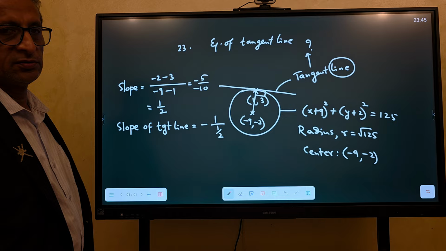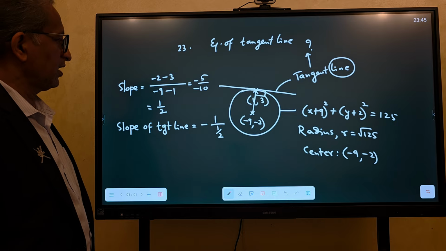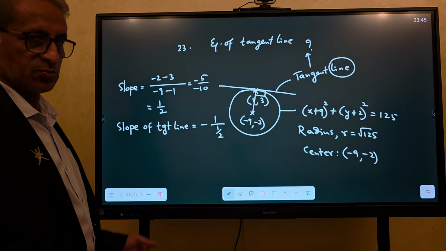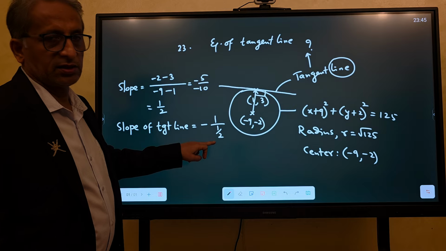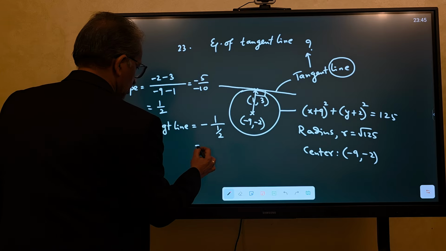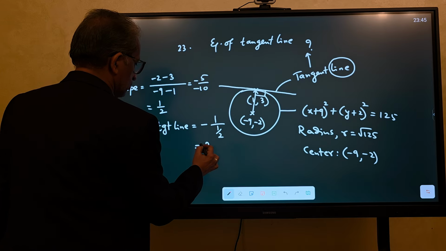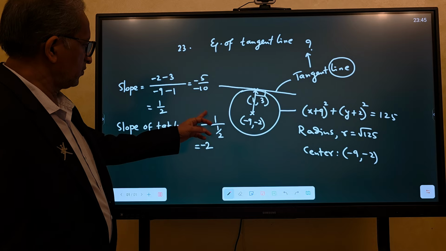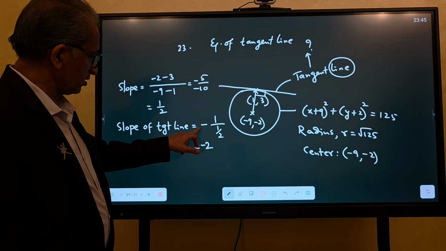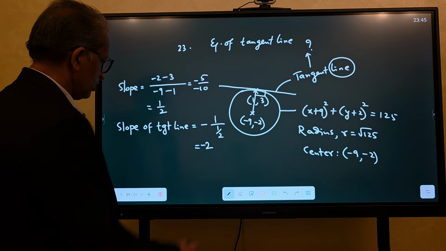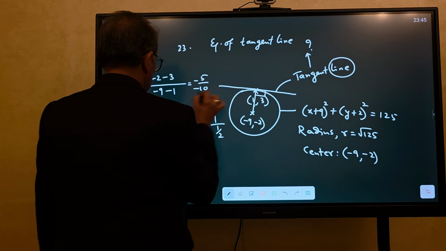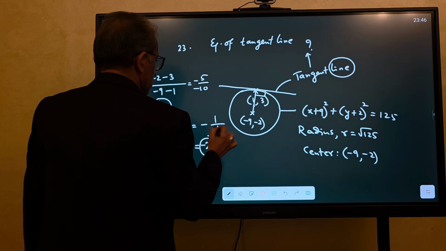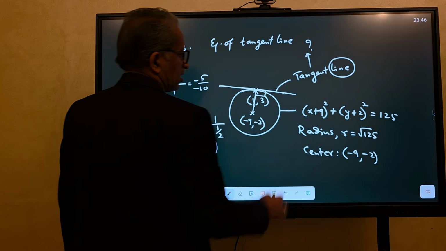You know that whenever you are finding the slope of a line which is perpendicular to the given line, you take minus 1 by that. So 1 by 1 by 2 is 2 by 1, so it is minus 2. So 1 by 2 is the slope of this line, and minus 2 is the slope of the tangent line.